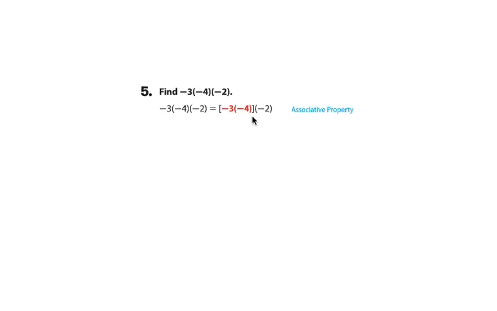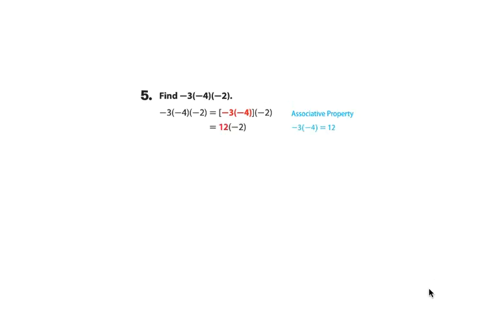So with the associative property, we can multiply negative 3 times negative 4, or negative 4 times negative 2, or negative 3 times negative 2. Okay? So we are going to choose negative 3 times negative 4, and we see that it's going to give us a positive 12.